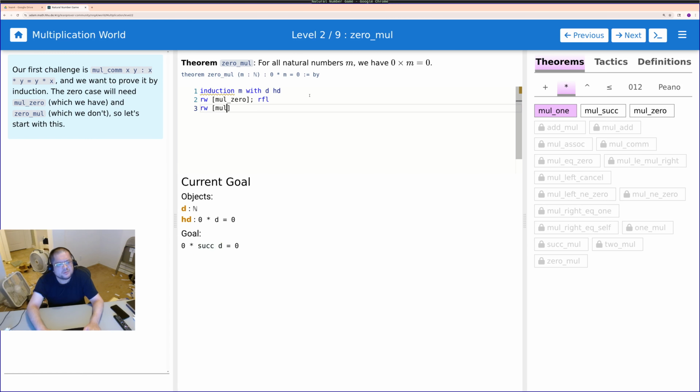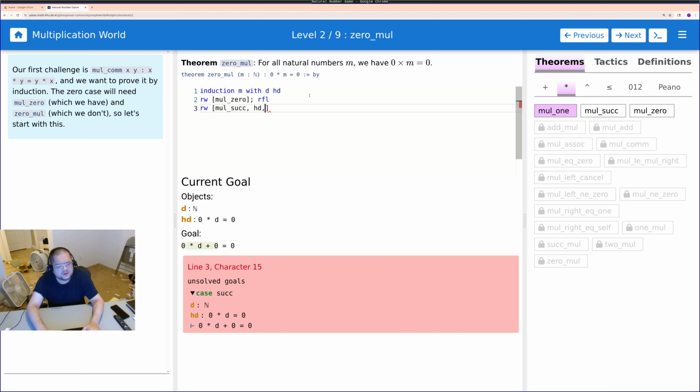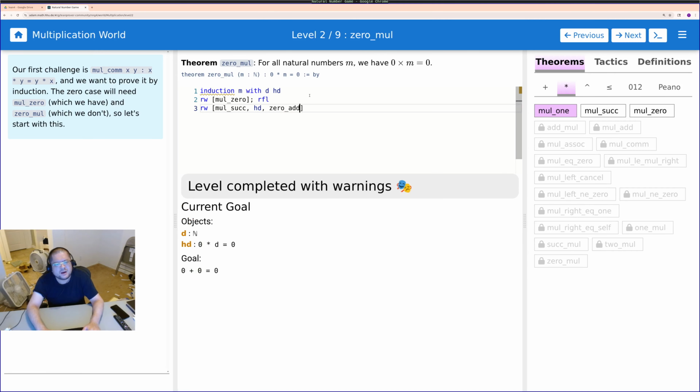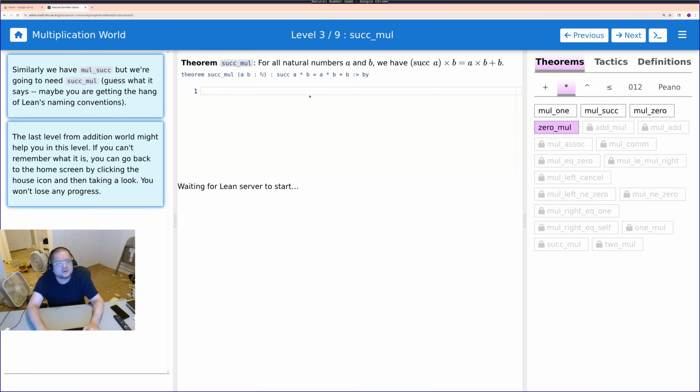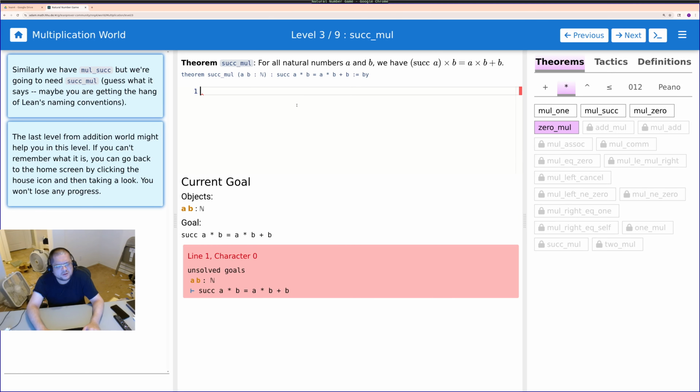Right, so multiplied by successor. This allows us to use inductive hypothesis. 0 add, and we're done. This is called successor multiplied. We have multiplied by successor.